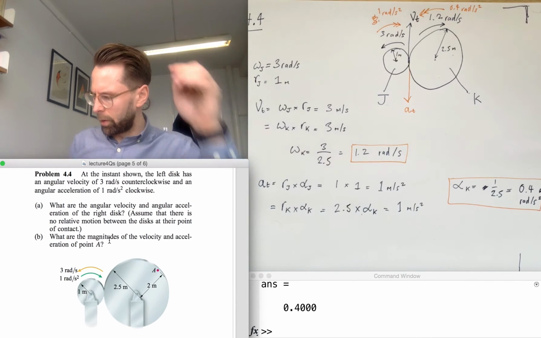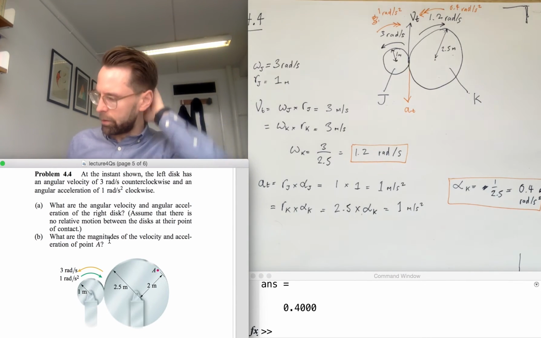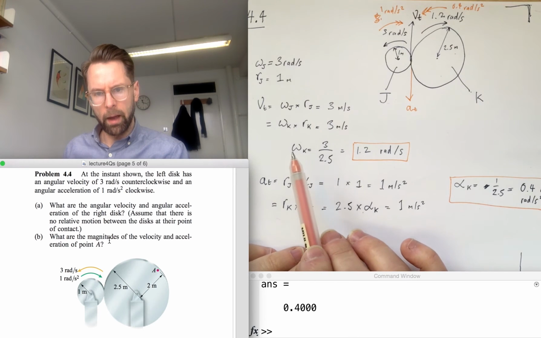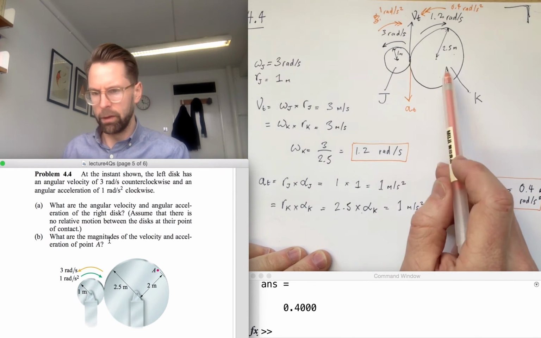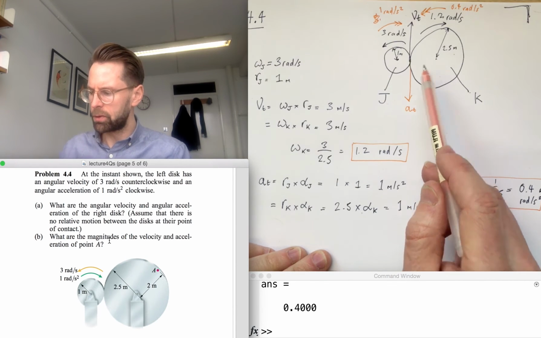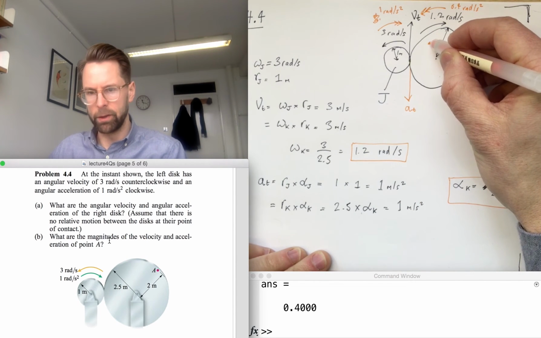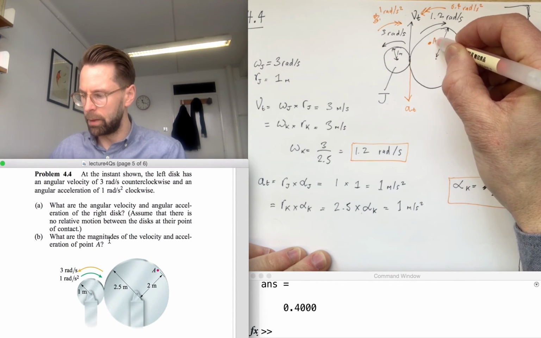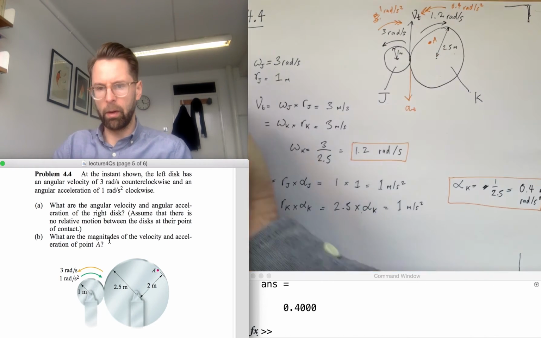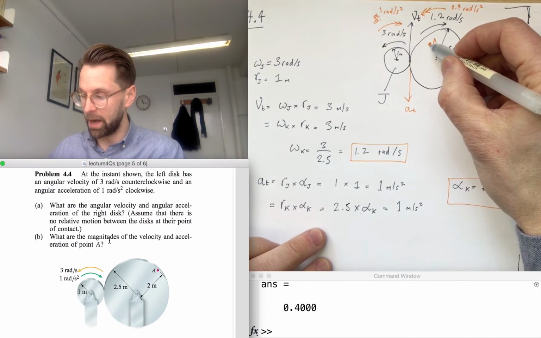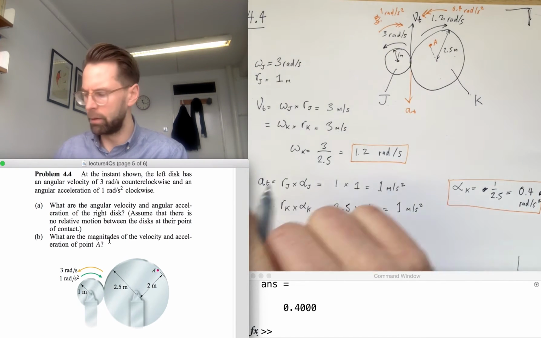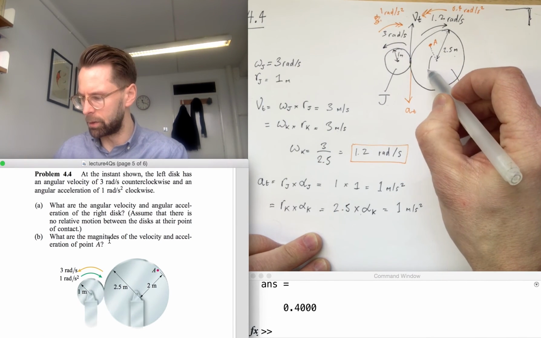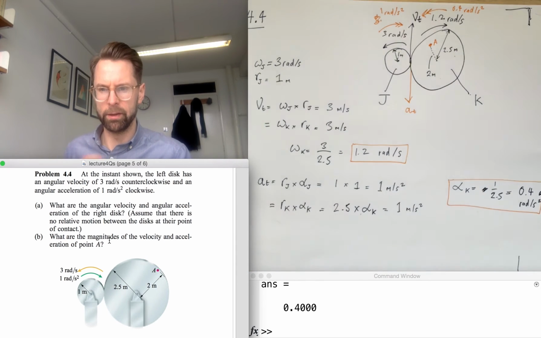So the second part of the question is then, given that you now know the angular velocity and the angular acceleration of this disk, what are the velocity and acceleration magnitudes at some distance away from the centre, and actually it's given to us as 2 meters.